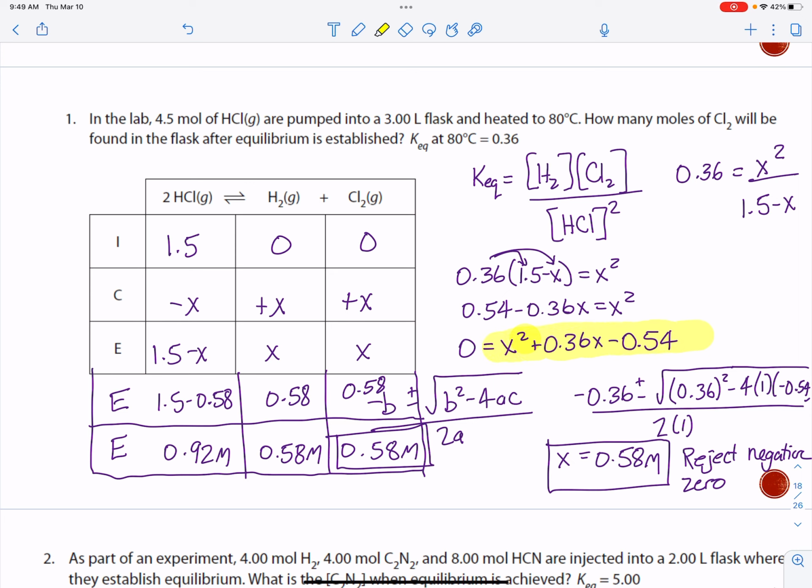We end up with this quadratic equation. So I can throw it into the quadratic formula and get 2 values for x. I'm going to reject the negative value for x, because you can't get a negative concentration. Looking at my scenario here, I'm filling out this chart the exact same way. At equilibrium, my final concentration of chlorine gas is 0.58.